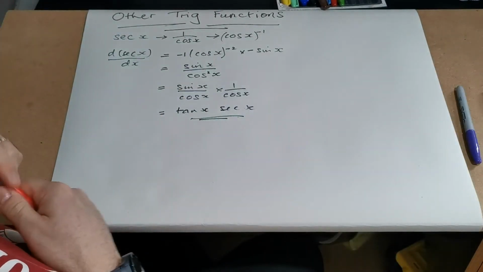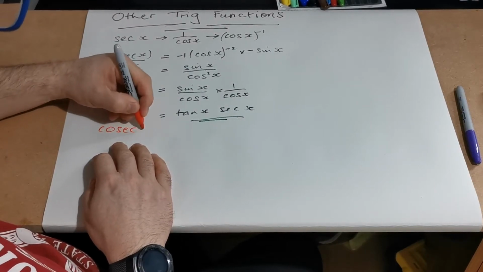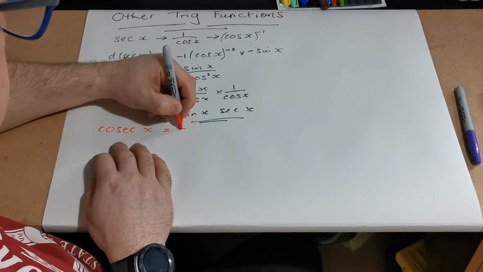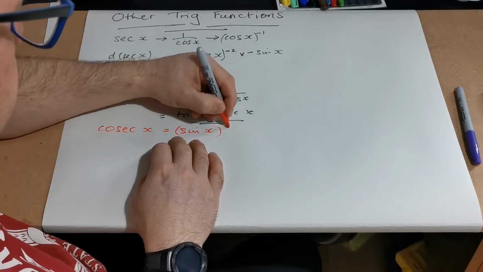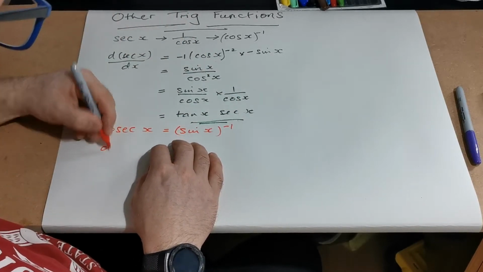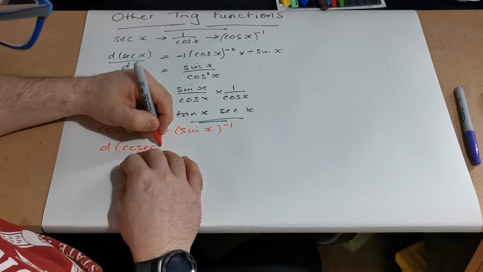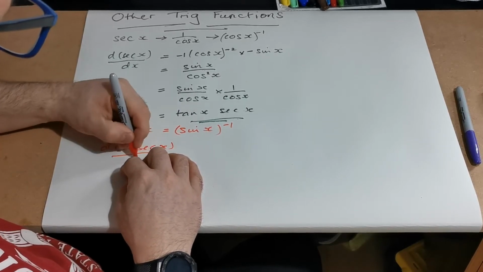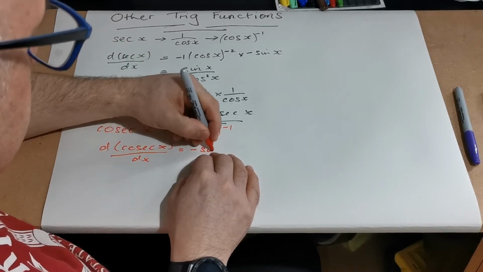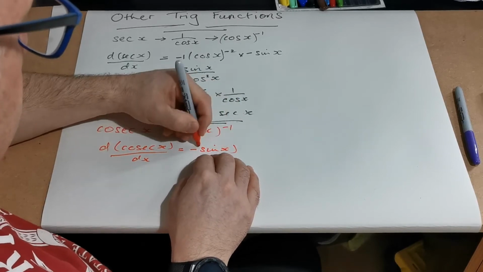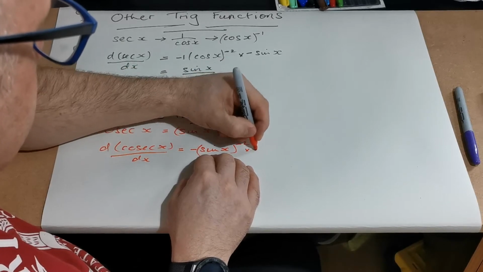So let's have a look at cosec x. That is sine x to the minus 1. So the differential of cosec x is going to be the differential of sine x to the minus 1, so that's minus sine x to the minus 2 times by cos x.